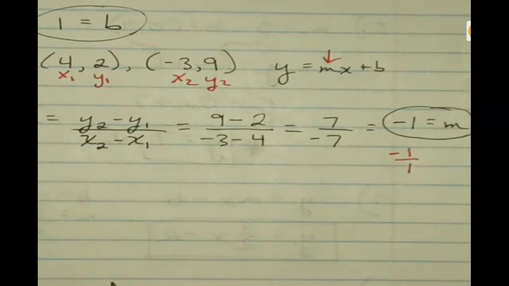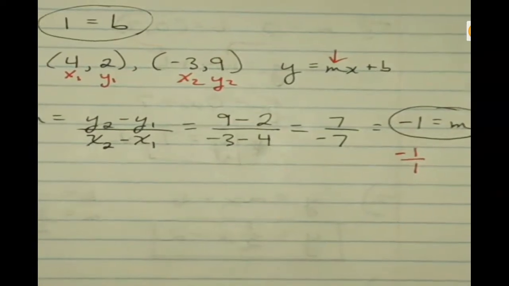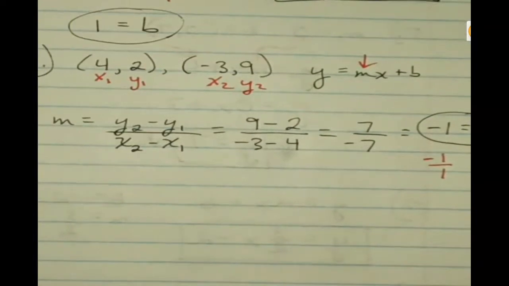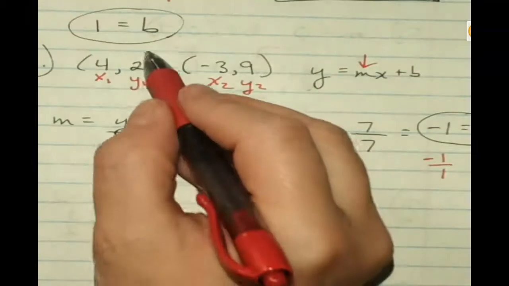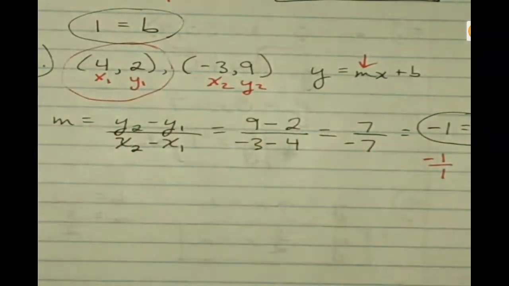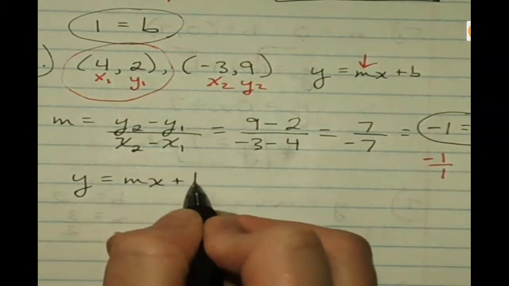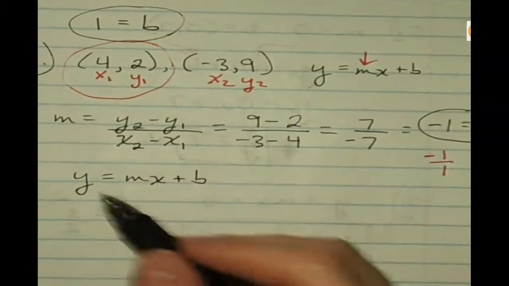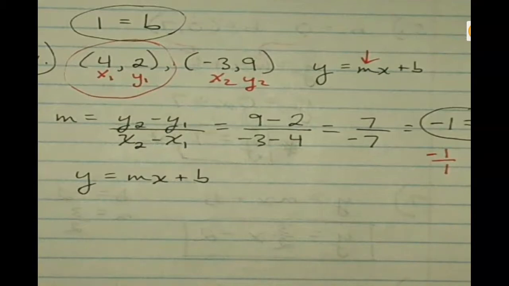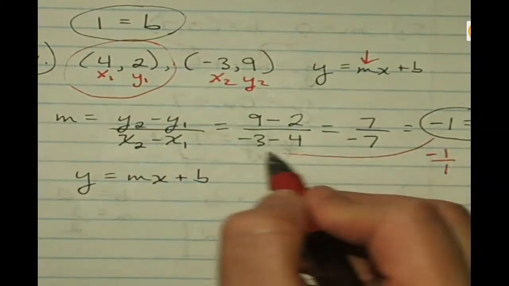You would take one of the pairs, and then you would sub them in as the x and the y. Which one are you going to choose? So he's going to choose that point, and we're going to substitute it along with the slope into this form. So the slope is going to go here.